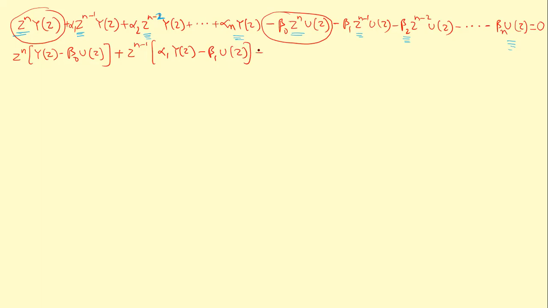Then we have plus z raised to the power n minus 2, and we have alpha 2 yz minus beta 2 uz, right? And so on.